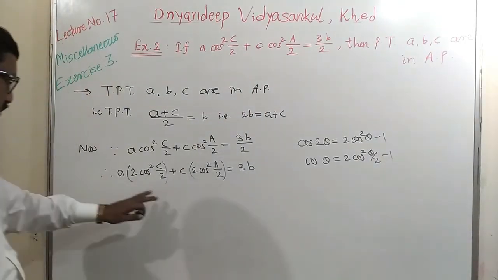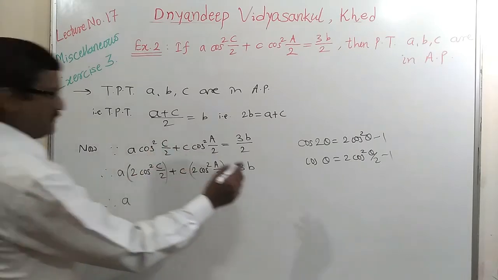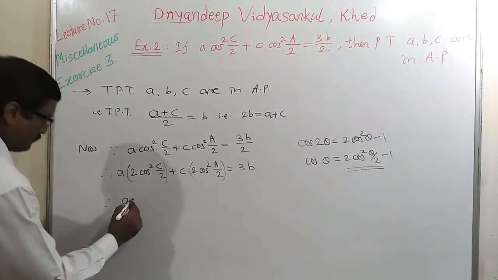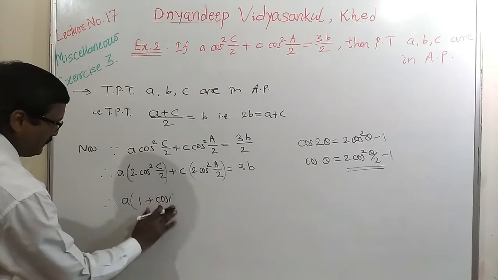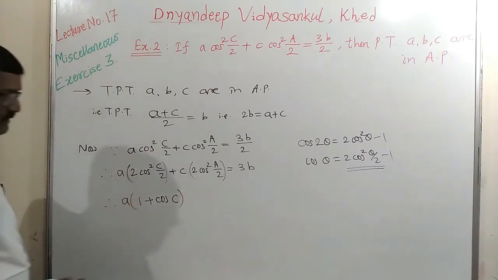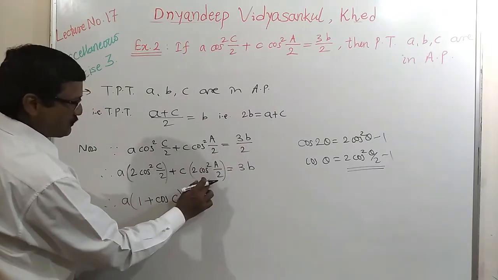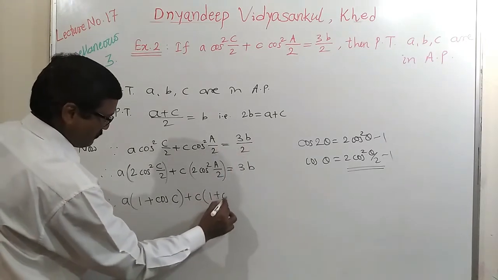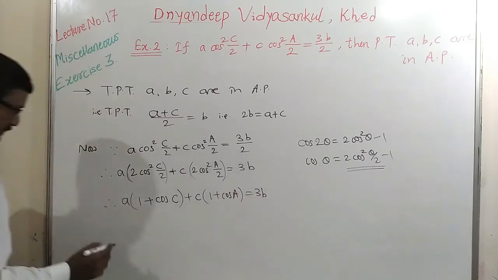Let us use this formula here so that we get a into 2 cos square theta by 2, that is nothing but 1 plus cos theta, where theta is angle C. Applying that formula here, plus c into 2 cos square A by 2, similarly we get 1 plus cos A, that is equal to 3b.